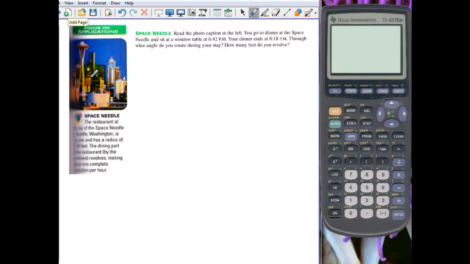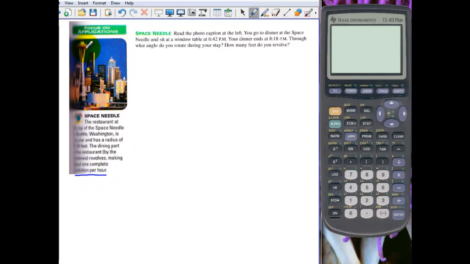Sorry, my scan of this picture got destroyed, but a number of years ago my wife and I went to Seattle and went to the Space Needle, which was put there during a World's Fair. There's a restaurant up in the saucer part of this, and that restaurant rotates, and it tells here that it completes 1 complete revolution every hour.